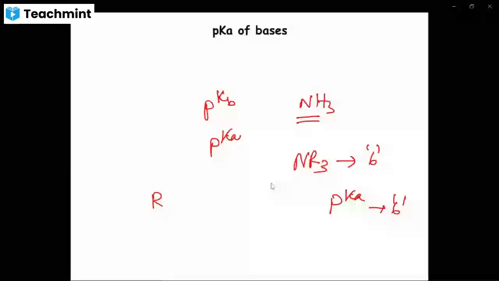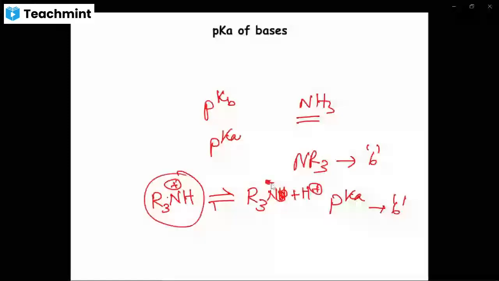NR3H plus. Yes. After taking a proton, the conjugate acid is formed, and when we talk about the pK of some base, we actually talk about the pK of the conjugate acid of that base, right? So here we talk about the pK of NHR3 plus, which has this H plus. So for the pK of a base, you just need to know this. You don't need to know anything else.